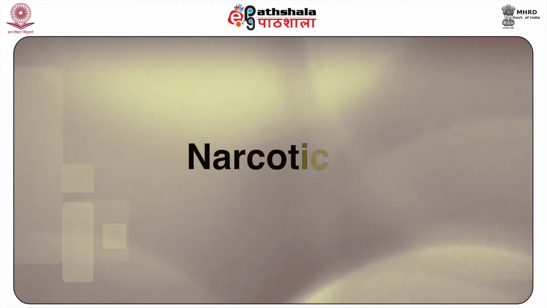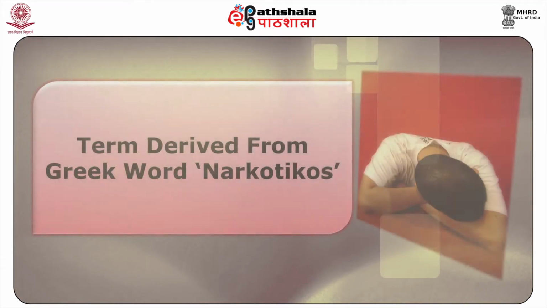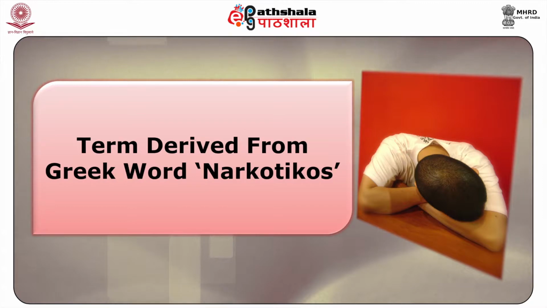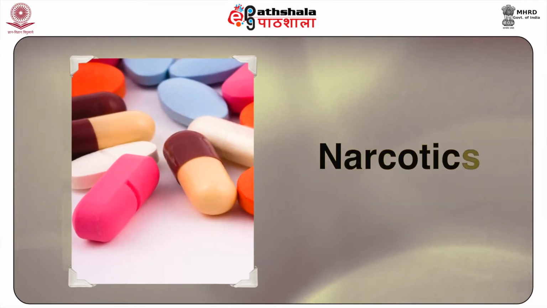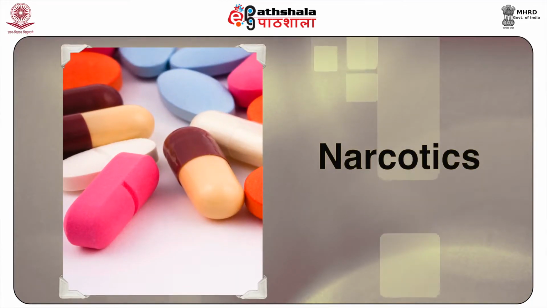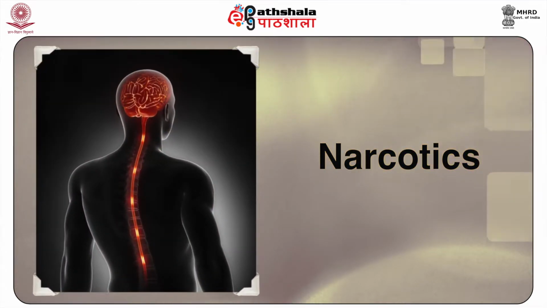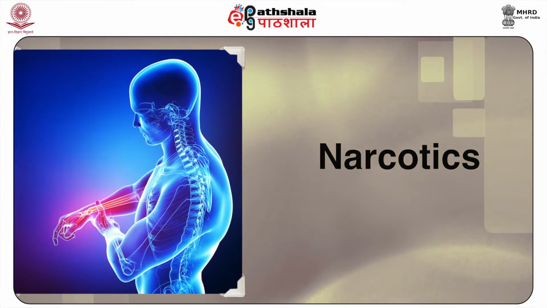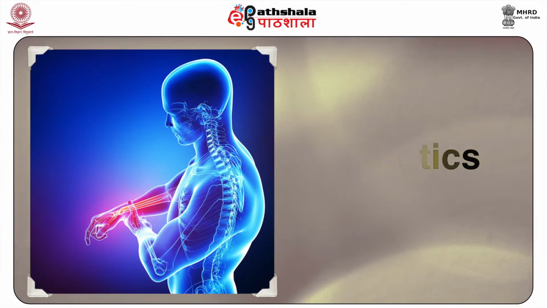First, narcotics. The term is derived from the Greek word narkotikos, which means a state of lethargy. This category comprises substances that act on the central nervous system and bring relief from pain and produce sleep.